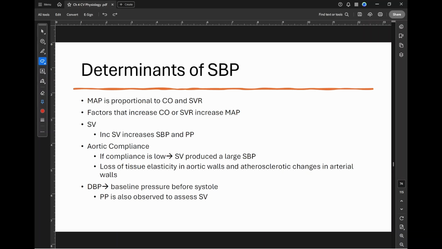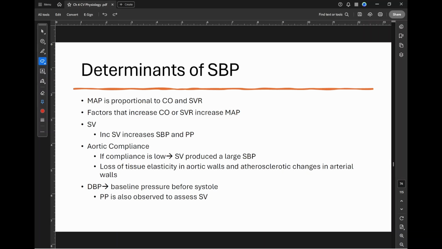Aortic compliance. We talked about the aorta being that compliant, high pressure reservoir: when that big bolus of blood leaves the heart, the aorta bulges to accommodate all that blood, but it's also very muscular, so there's a recoil that happens with the aorta. That recoil pushes the blood, giving it a little boost to the whole body, so it gives a little bit of higher pressure. If you reduce the compliance in the aorta, it's not going to expand to accommodate that blood.